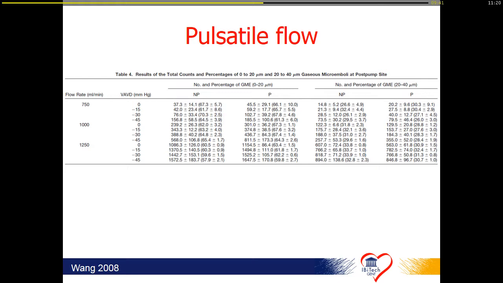Now, what you can see here is that indeed, as we increase the flow, there is an increase, whether you have pulsatile or non-pulsatile, of the amount of micro bubbles, which makes sense because these are depth filters. They work like that. They only perform very well if you have very low velocities. But the interesting part is if you then have additional vacuum assist, the impact is relatively marginal. However, a big flaw of this study is it was done with water. And I'm not sure that we can extrapolate these values into the clinical practice.